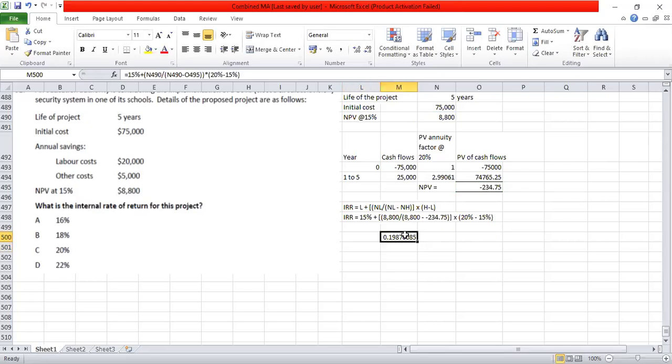We got it as 19.87%. IRR is equal to 19.87%. That's how we calculate IRR.